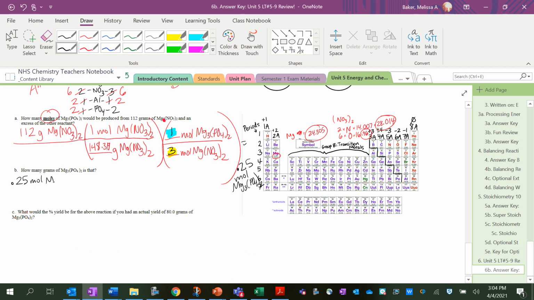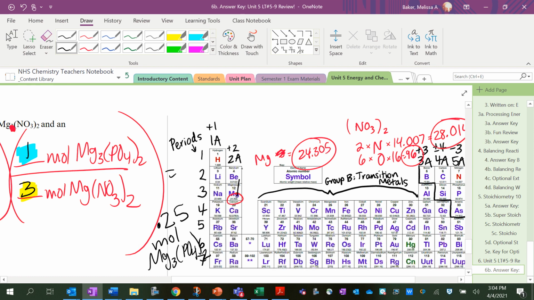So it's not really an easier problem because it eventually is making you calculate molar mass anyways. Mg3PO42. Maybe it wasn't useless that we calculated the Mg3, although now I forgot what it was.